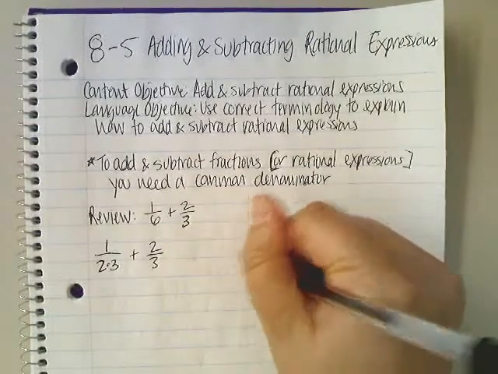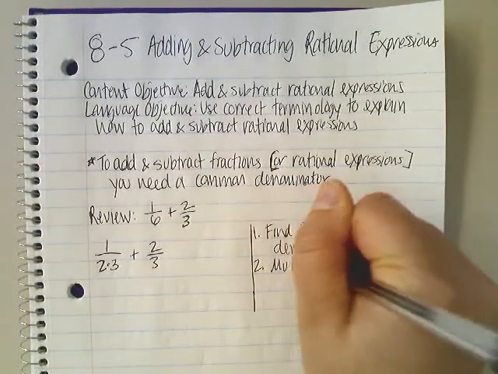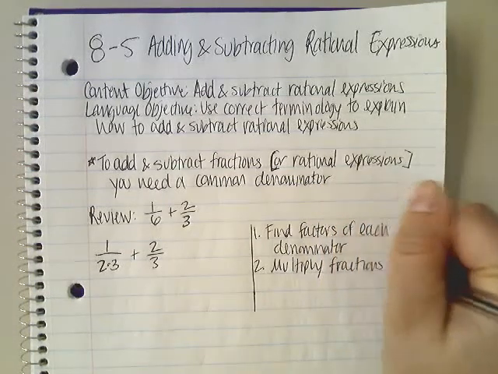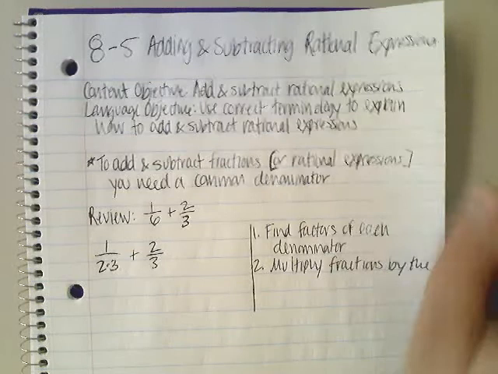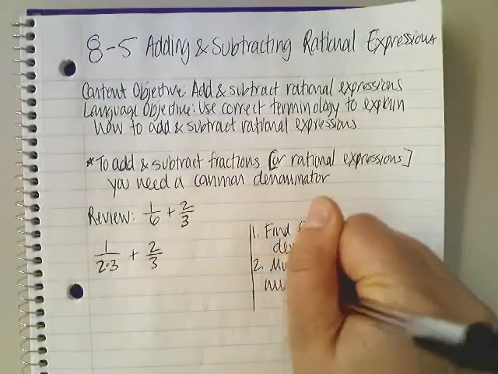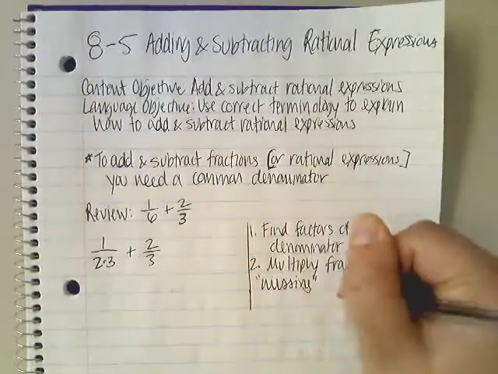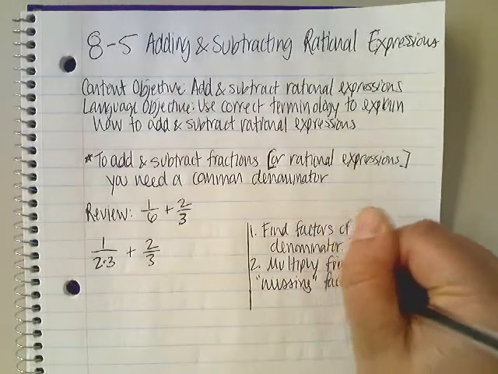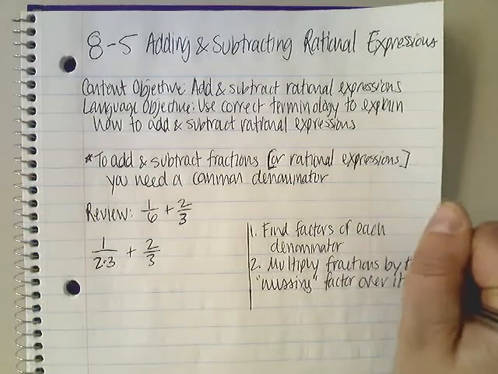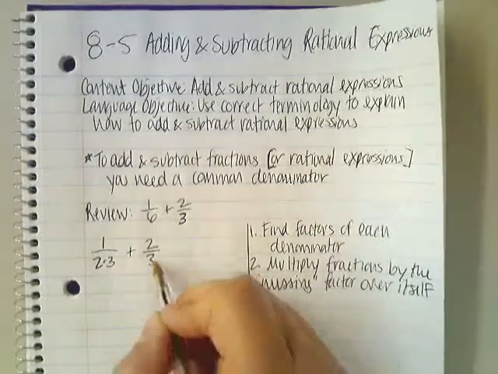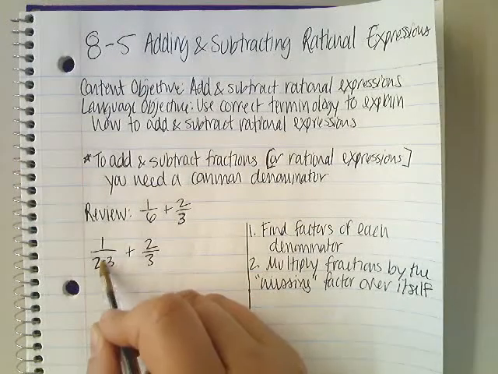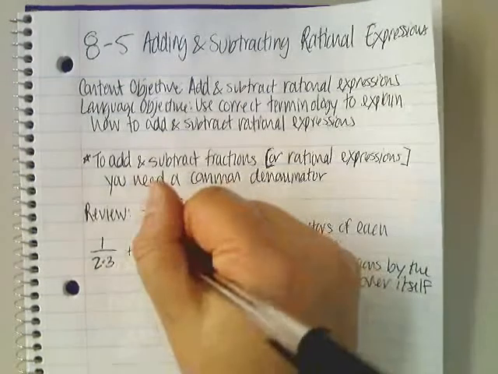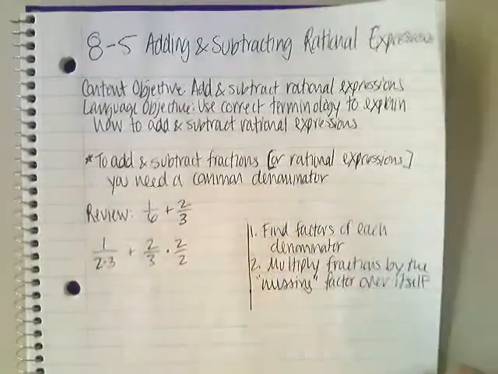So the second step is going to be multiply fractions by the missing factor over itself. Missing is not the exact technical vocab word, but what I mean by that is, since 3 is missing the 2 to be the same as that denominator, I'm going to multiply it by 2 over 2, or that value over itself.